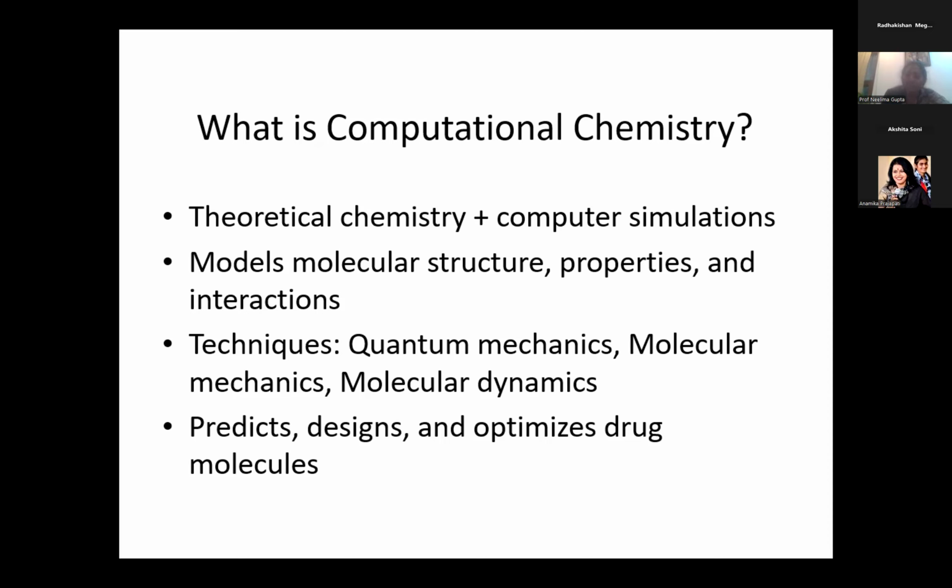If the conformation is not the global minimum, there is certain distortion in the structure for making the interactions between the ligand and the biomolecule at a certain level. To identify those interactions, the techniques can be quantum mechanics, molecular mechanics, and molecular dynamics. That is how computational chemistry helps us in predicting, designing, and optimizing the drug molecules against the interaction with certain biomolecules.